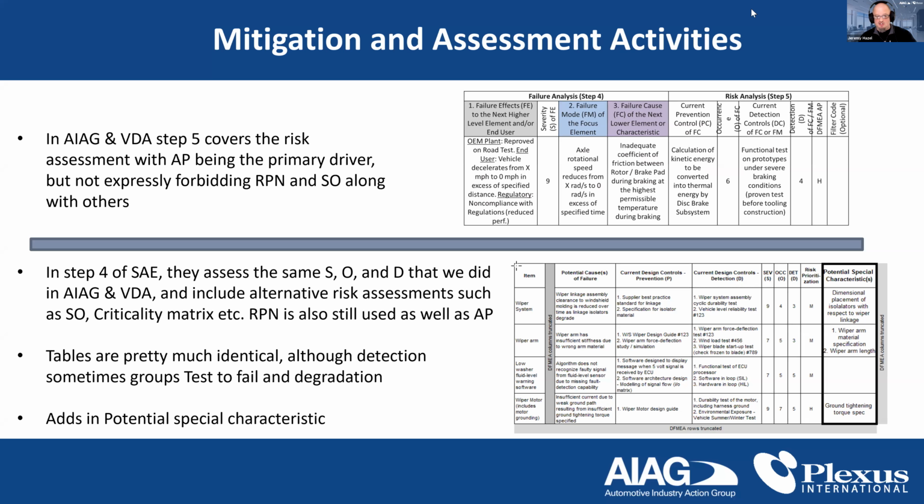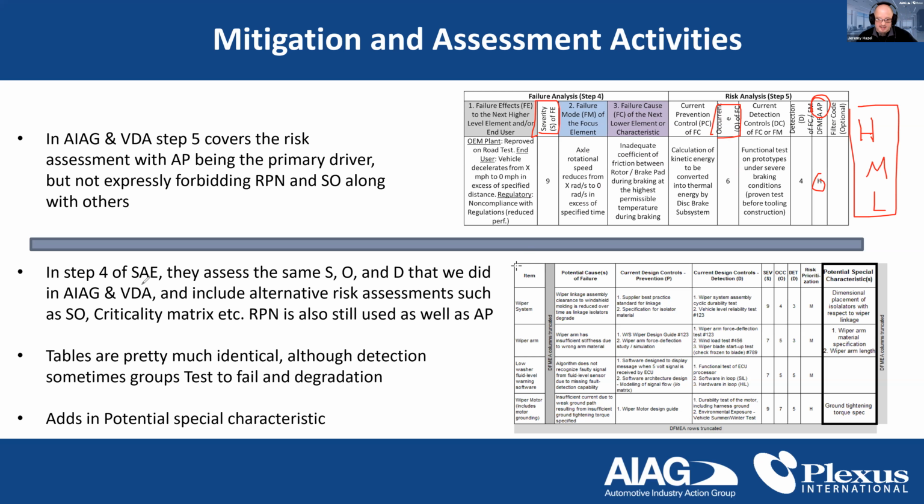This is AP. And folks, don't overcomplicate this. Action priority comes in 3 flavors: high, medium, and low. So the S, O, and D are still there: severity, occurrence, and detection. So they kept the S, O, and the D, but you're now going to utilize AP.